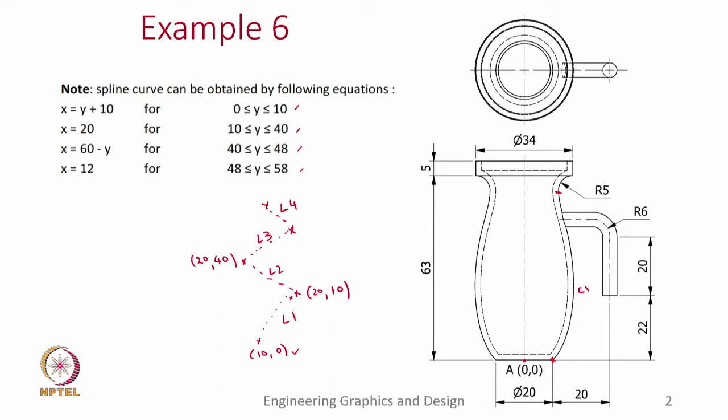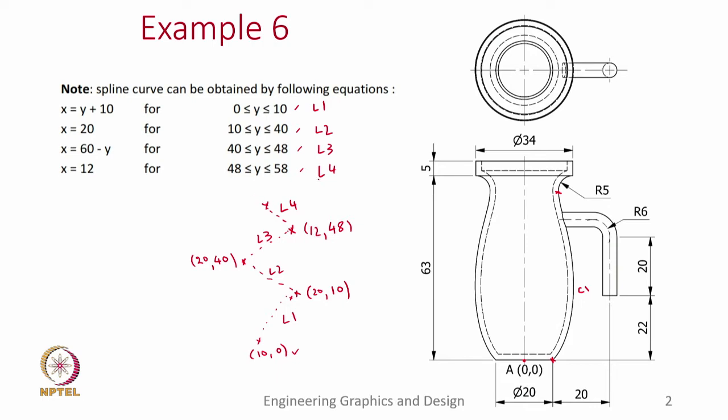Now, let us move to the end point of line L3. Again, let me write it out: line 1, line 2, line 3 and line 4. The end point of line L3 will be y equal to 48. Let me first write 48 and then figure out the value of x. X will be 60 minus y, 60 minus 48 is 12.